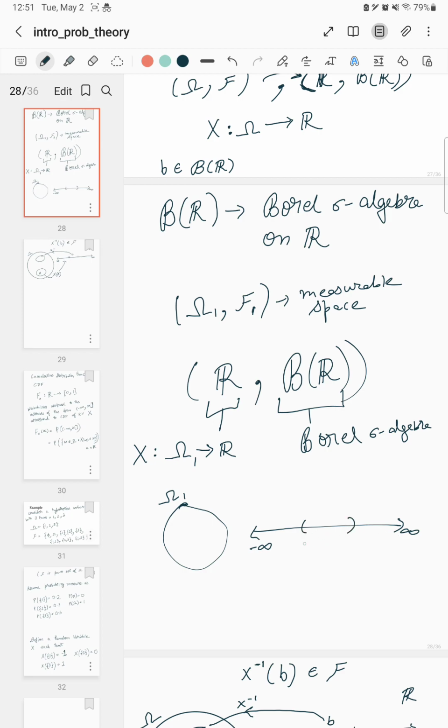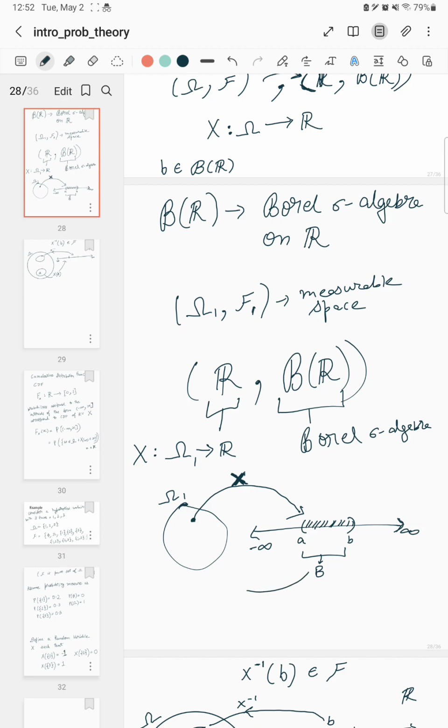And let's say there is any Borel set from A to B, the set of all real numbers in this range, one of the Borel sets. So let's say this is B. There is a function which maps the elements in omega 1 to the real number line, which is x here in this case, which is our random variable, which is also a measurable function.